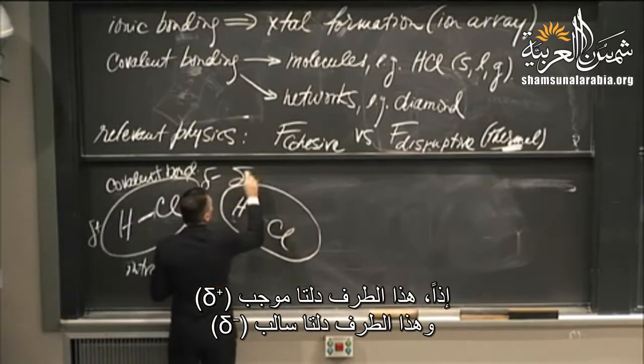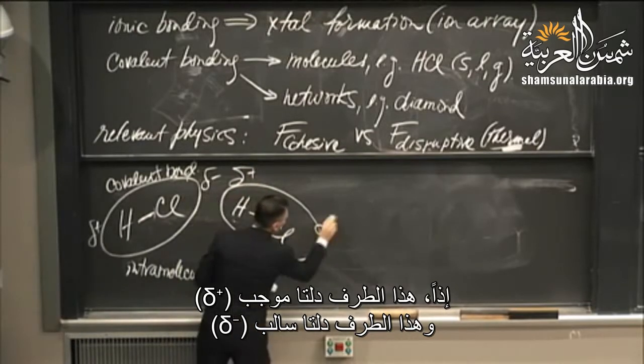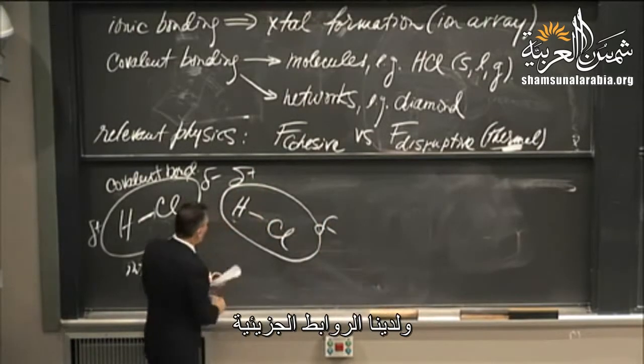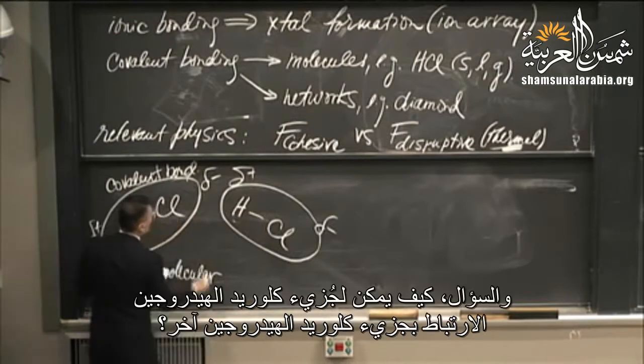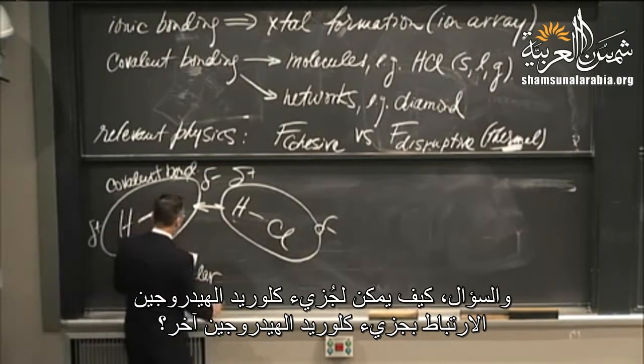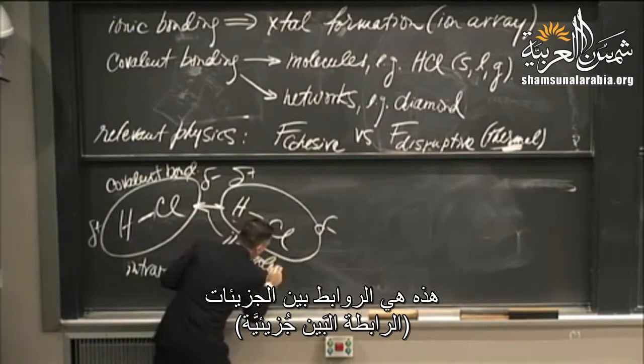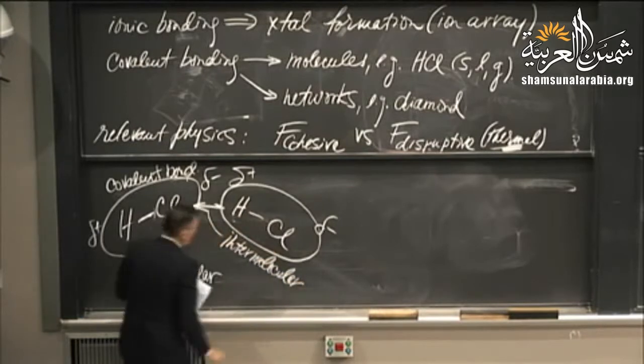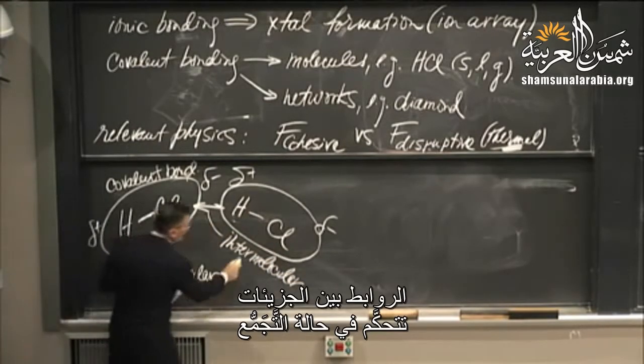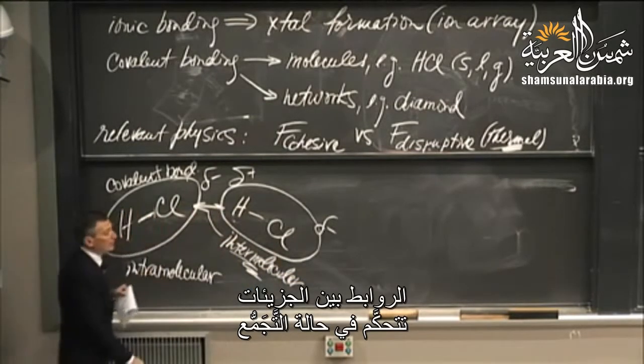So now this end is the delta plus, this end is delta minus, and we have, again, an intramolecular bond. So the question is, how does one hydrogen chloride bond to another hydrogen chloride? This is the intermolecular bond. So intermolecular bonds govern the state of aggregation.